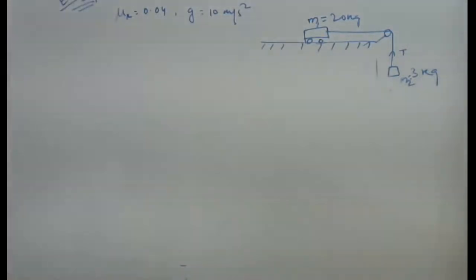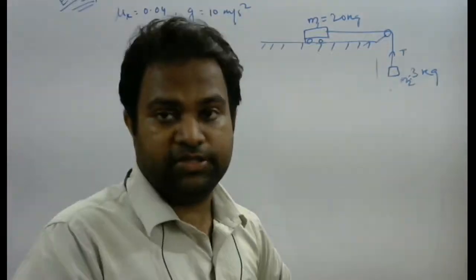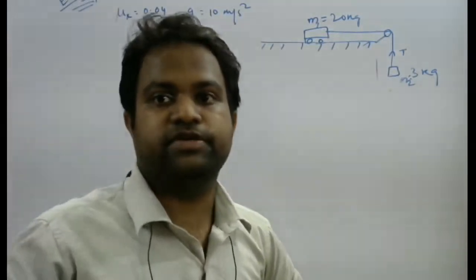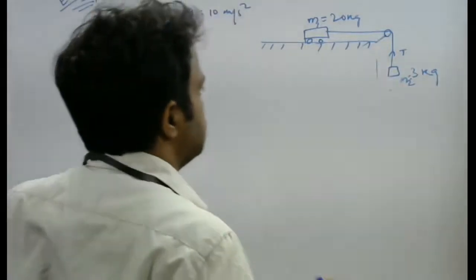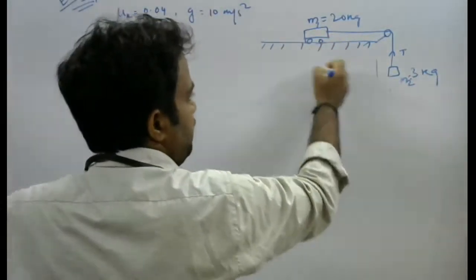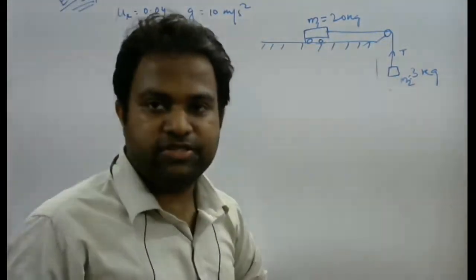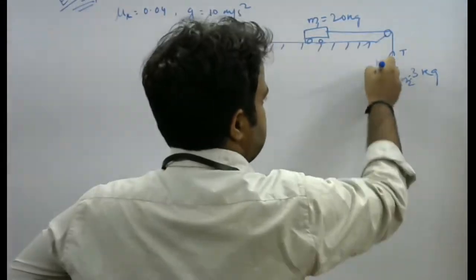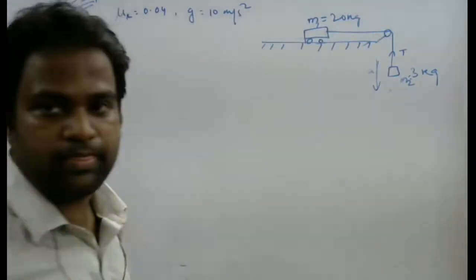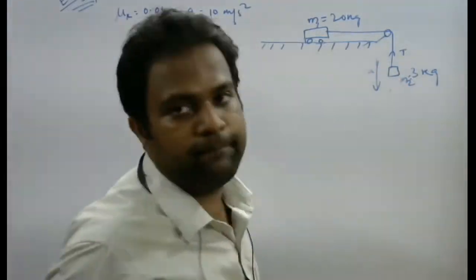It's not frictionless, as I am saying, which means there is some friction between the surface and the object. As the object is hanging here, the motion is supposed to be in the downward direction. So let's say the acceleration is downward, and the second mass, M2, is hanging here.